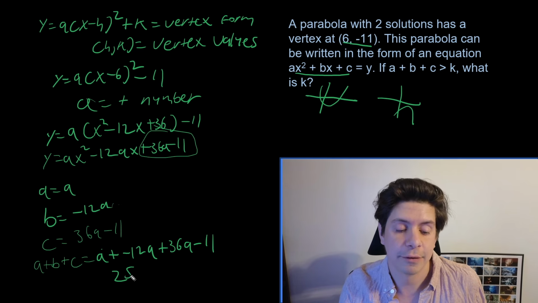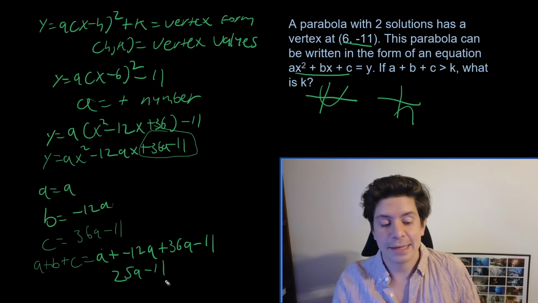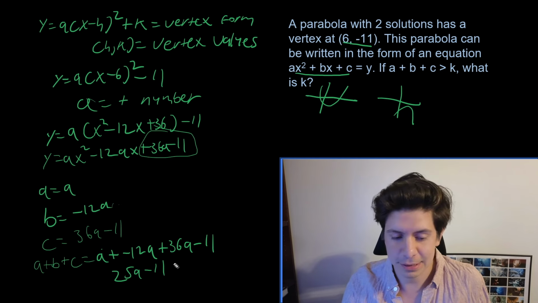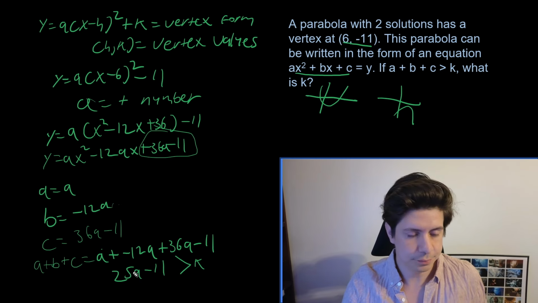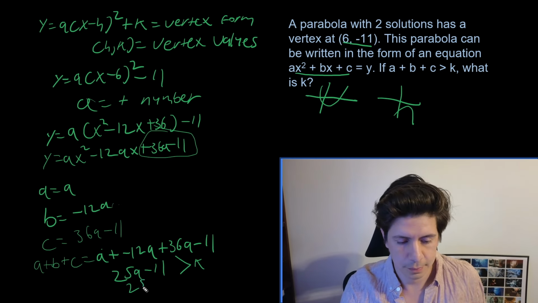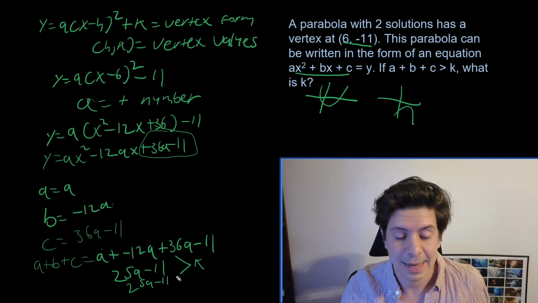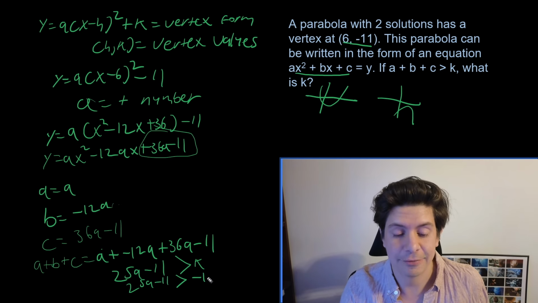We're going to get 25a minus 11. And we know a is positive. So a plus b plus c, this has to be greater than k. And then 25a minus 11 has to be greater than negative 11.